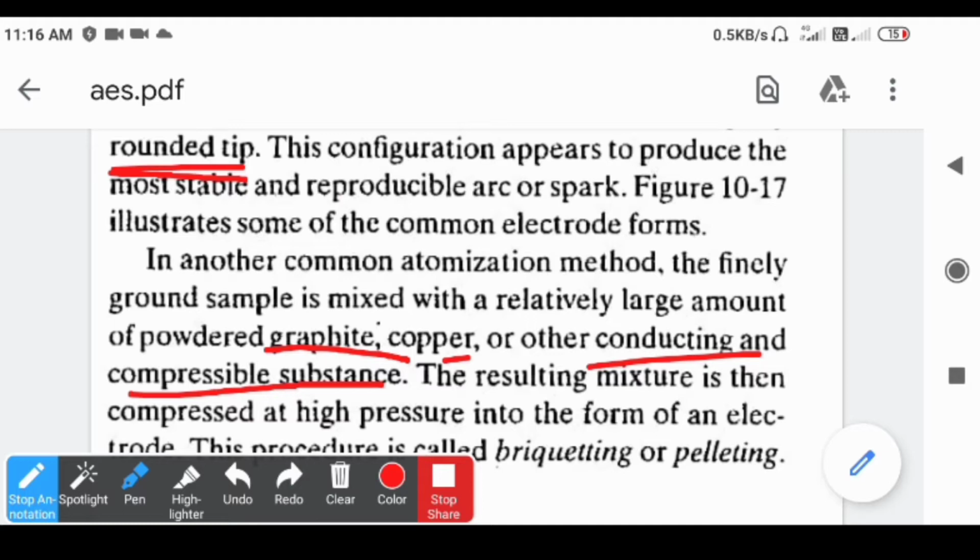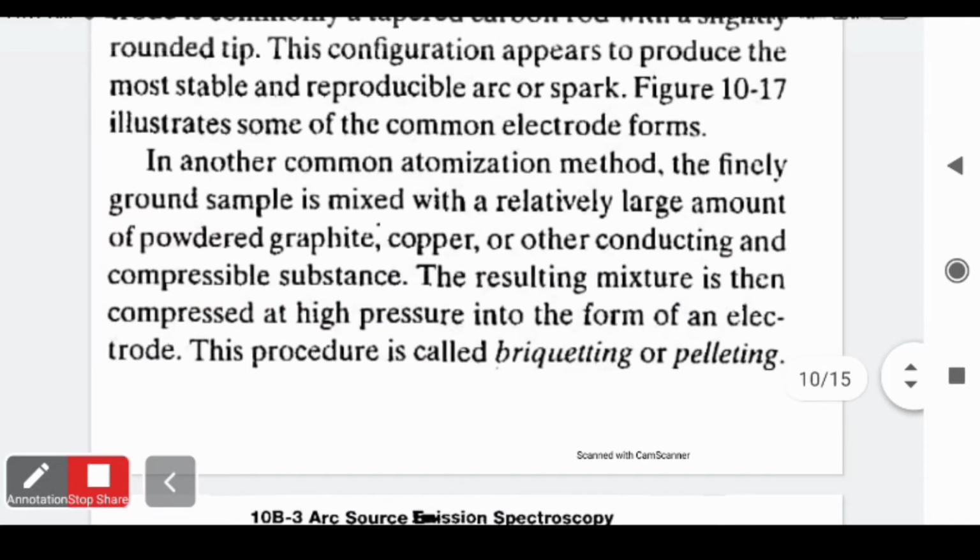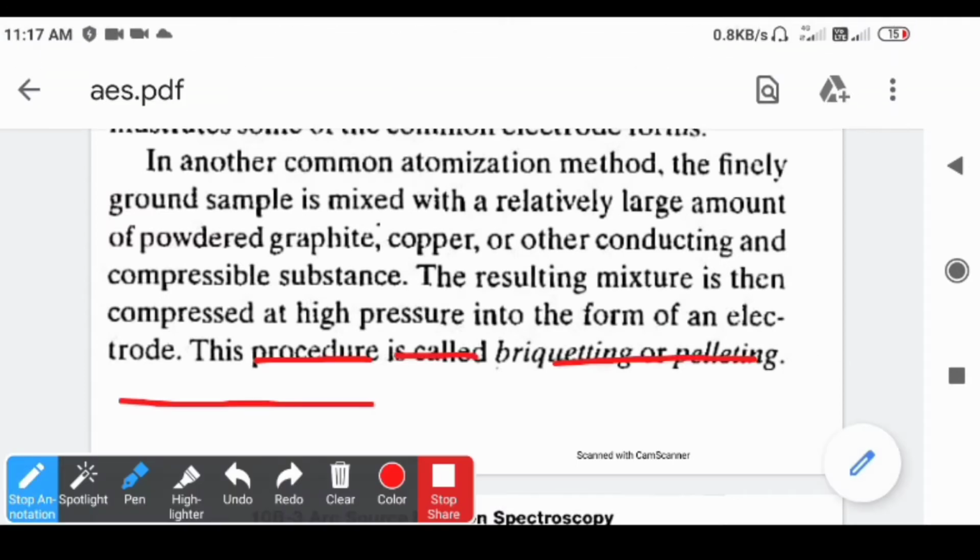Another method for preparation is that we first divide the sample into small parts, then mix this small powdered sample with a large amount of graphite, copper or other conducting element that can be compressed into pellets. The resulting mixture is then compressed at high pressure.